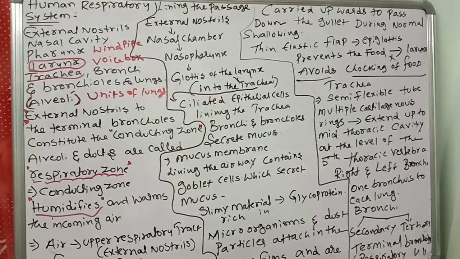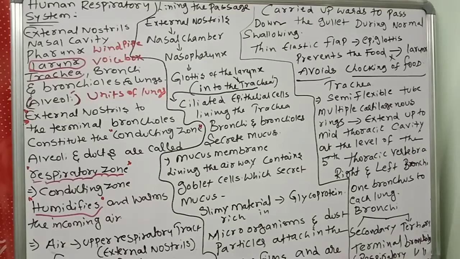So what you have to remember is that the bronchi divide into secondary, tertiary, terminal and respiratory bronchioles in the lungs. Okay children, that kind of division will be there in the lungs.